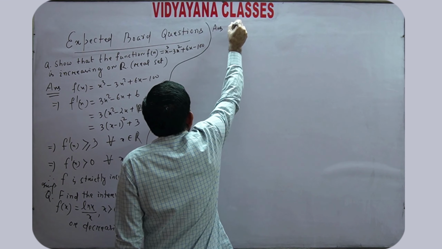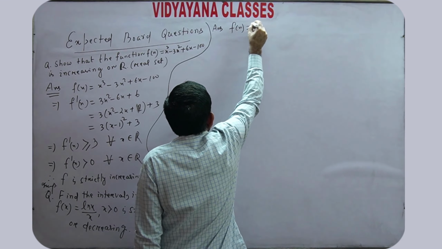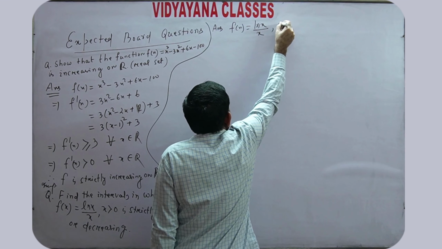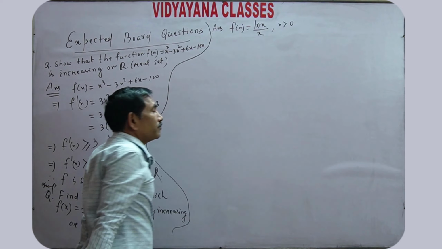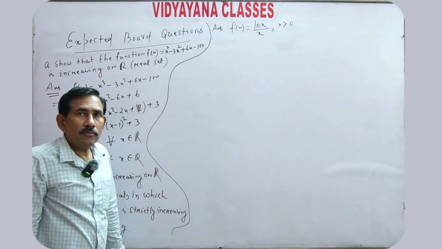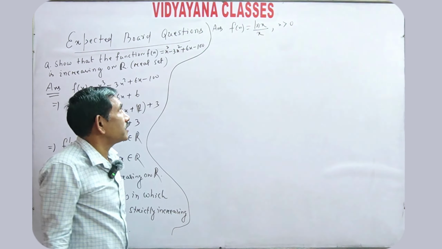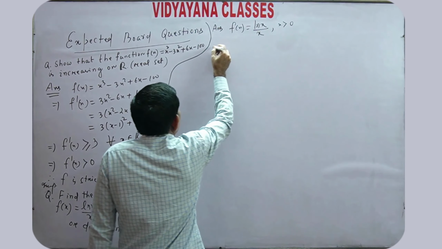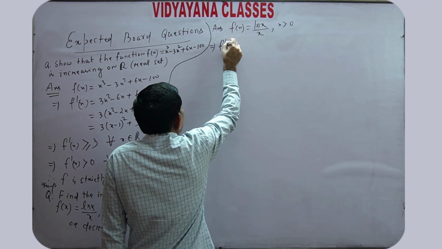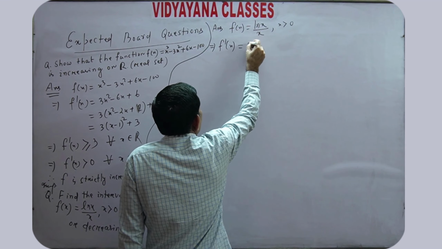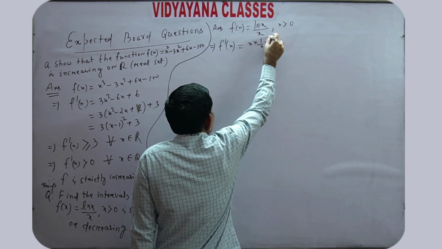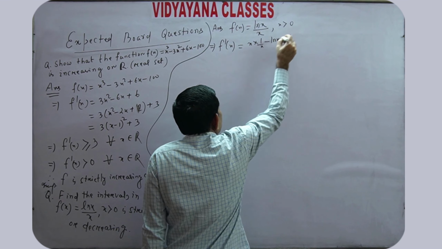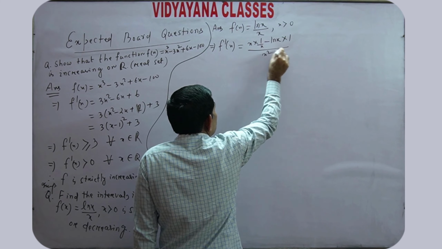Answer: f(x) = ln x / x, x > 0. Differentiating both sides with respect to x. It is in the u by v form. f'(x) = [x · (1/x) - ln x · 1] / x².